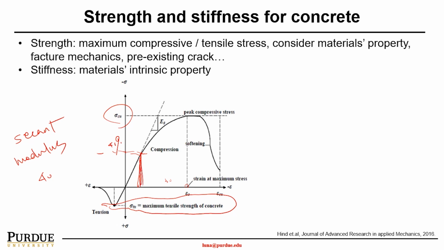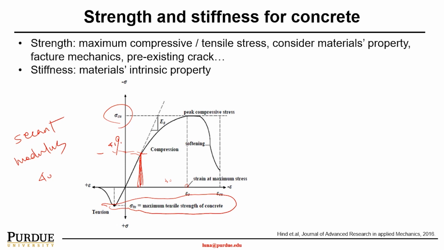That's what we typically use to design concrete properties. Why? Because concrete can reach the peak compressive strength very quickly with very small deformation. Again, we will spend more time discussing concrete behavior when we discuss concrete mechanical performance.